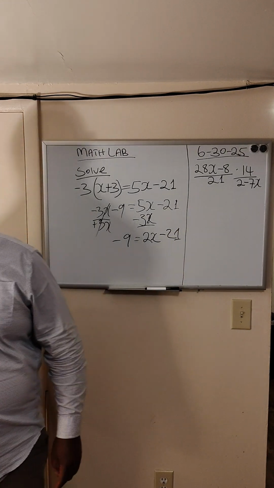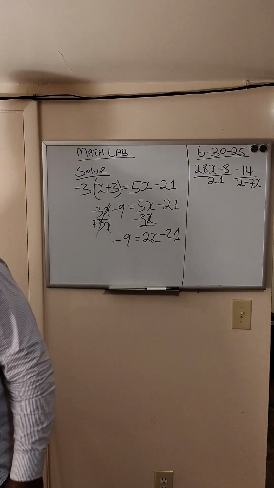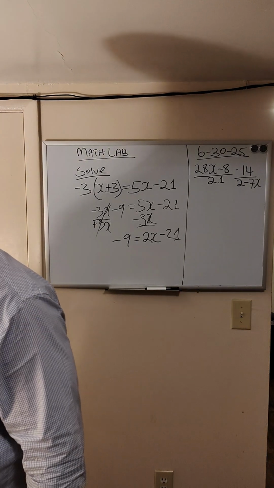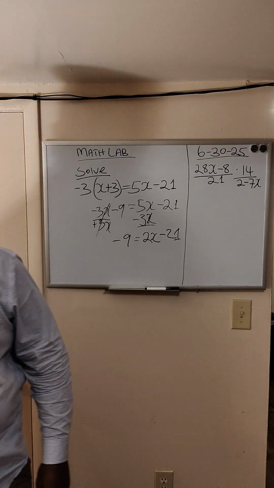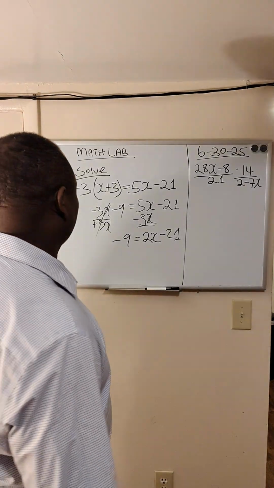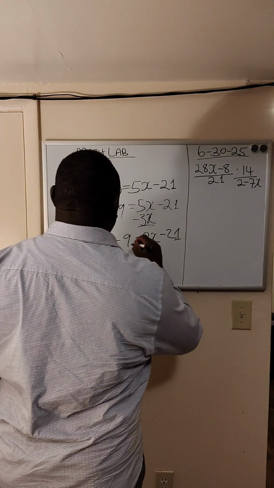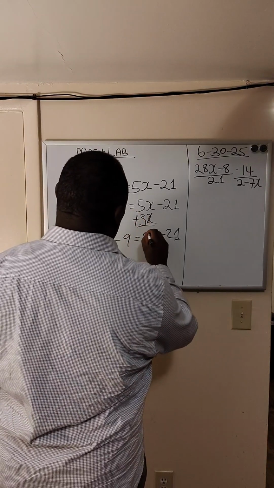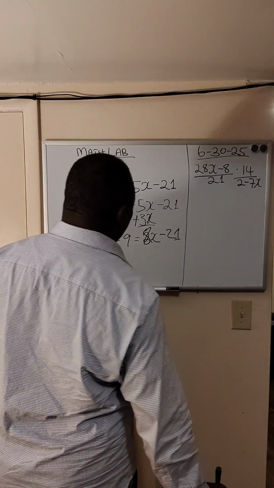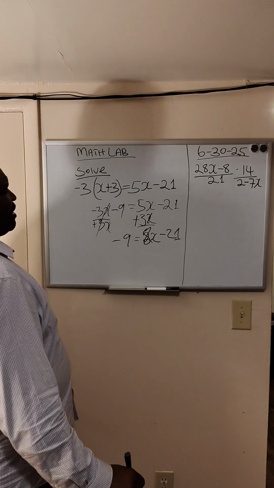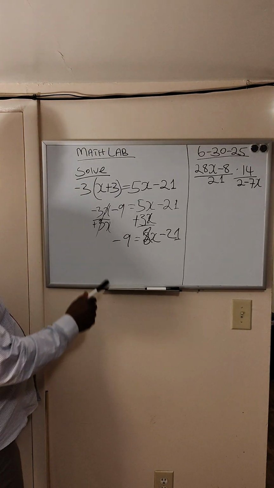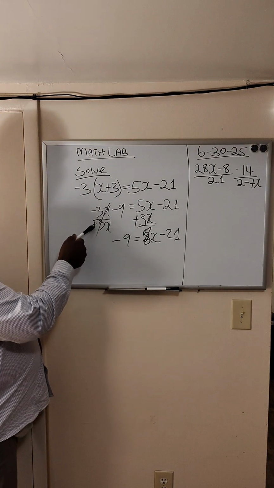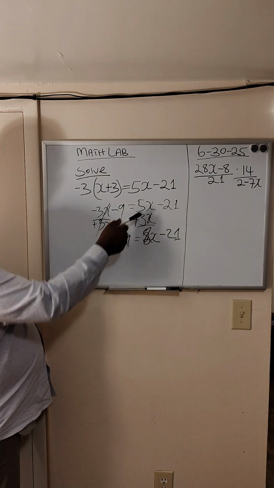We still have the x to deal with. We are not subtracting, but we are adding, because remember if you add on the left, then you also have to add on the right.